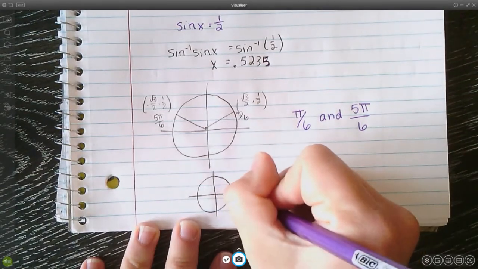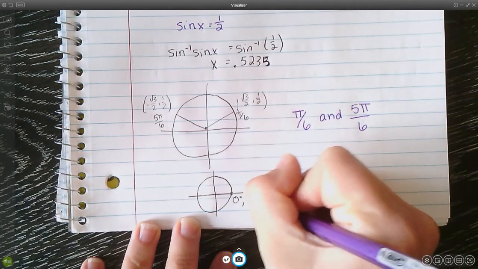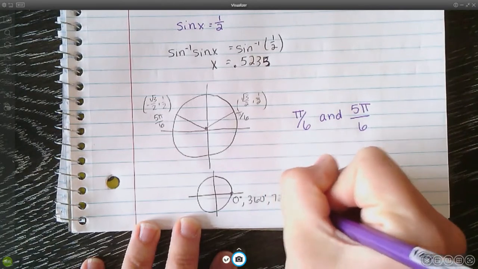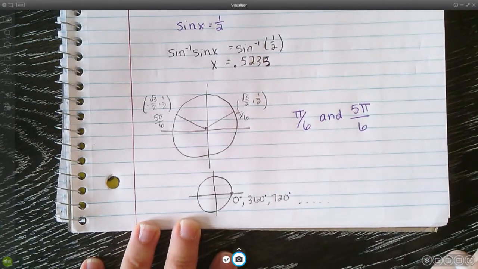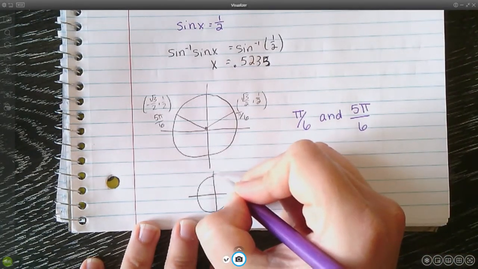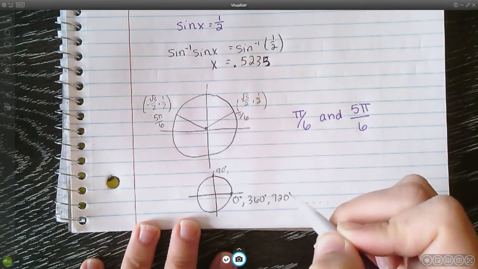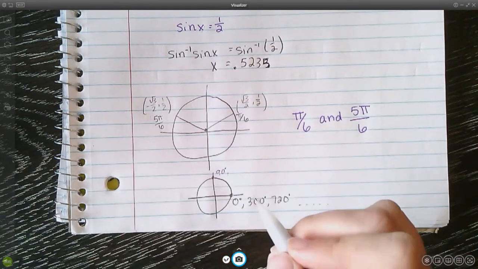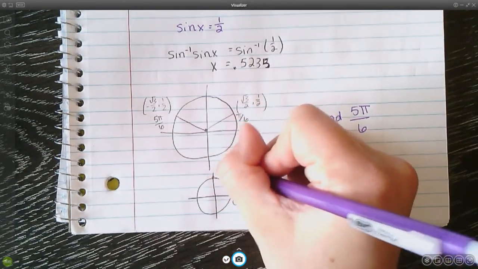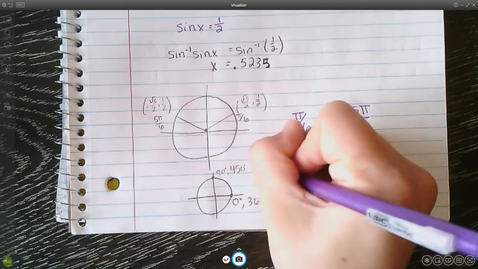So this is really 0 degrees, 360 degrees, 720 degrees, and so on. That means that up here, if this is 90 degrees, it's also 360 plus 90, that's 450, and so on.